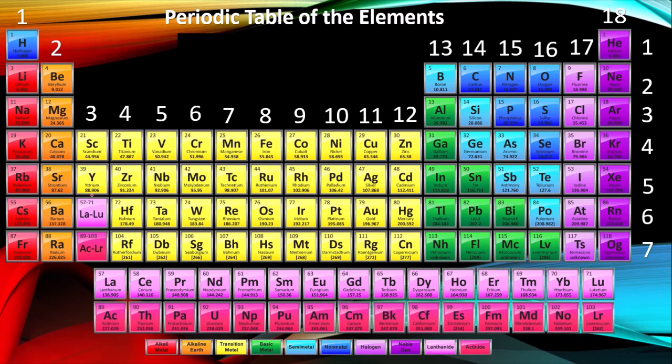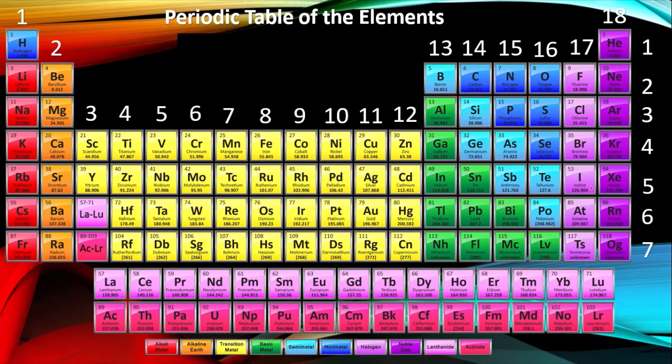And let's ask something else. Select an element which is a part of group number 17. There are many choices like fluorine or chlorine, or we can select iodine. These all are present in group number 17.